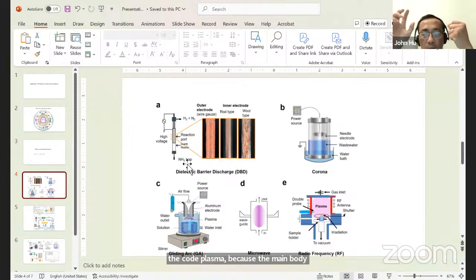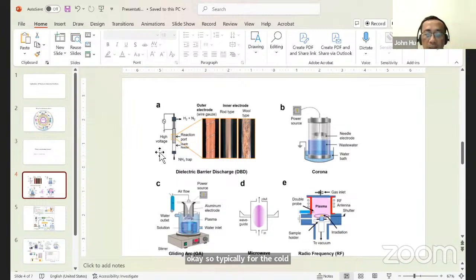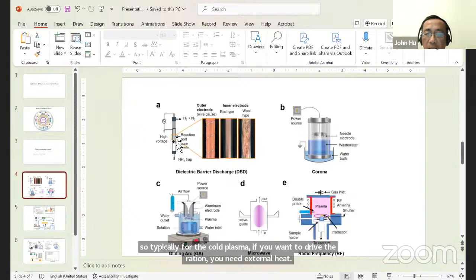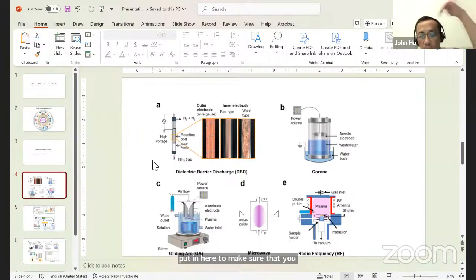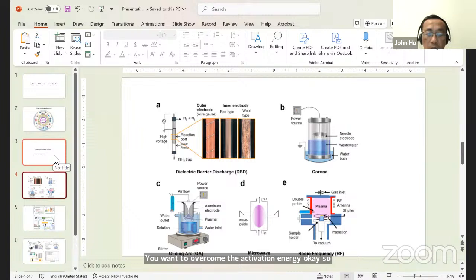It may warm up a little bit because the electron still carries some mass, but it's not hot enough. So typically for cold plasma, if you want to drive the reaction, you need external heat to heat the catalyst to the temperature, because you want to overcome the activation energy. That's the difference between hot plasma and cold plasma.